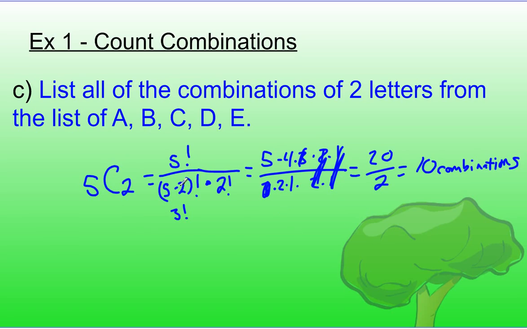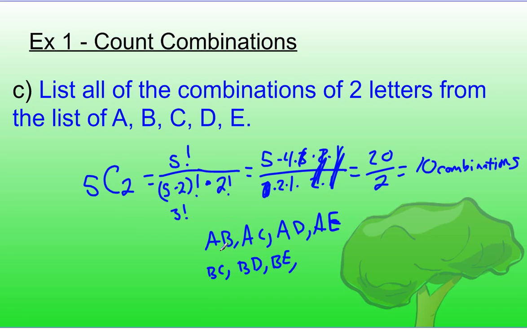Okay, so let's see. We've got AB, AC, AD, AE. Those are all the possible combinations that have an A in it. We've also got BC, BD, BE. Now those are all combined with that one.